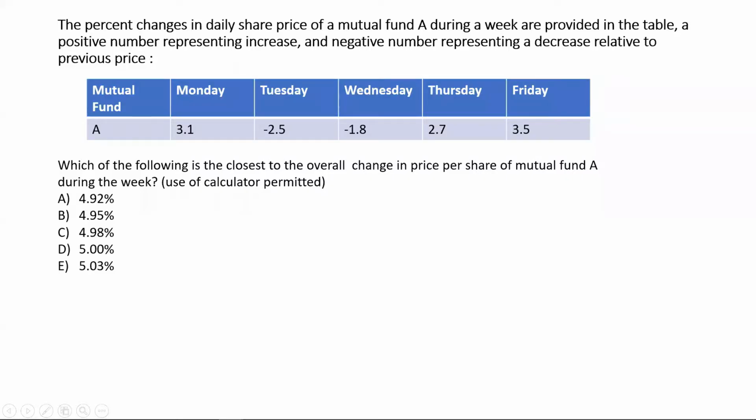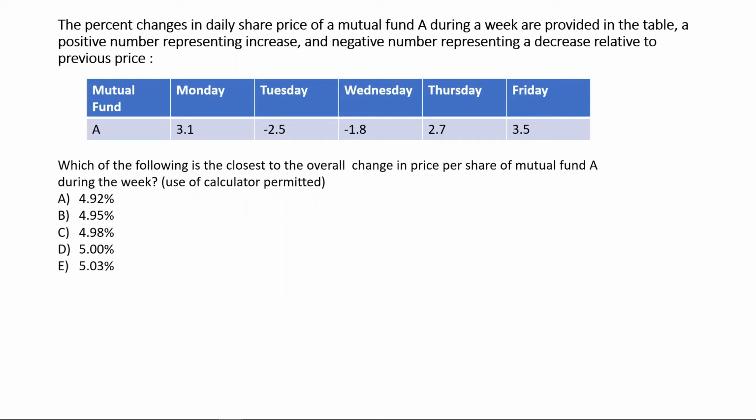The percent changes in daily price of a mutual fund A during a week are provided in the table, with a positive number representing an increase and a negative number representing a decrease relative to the previous price.